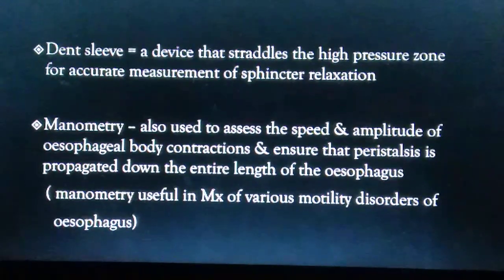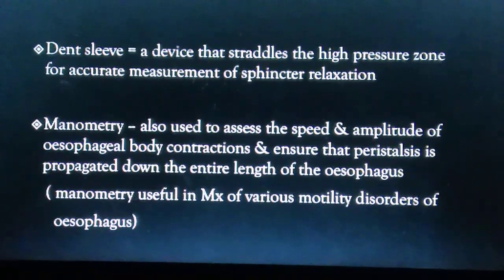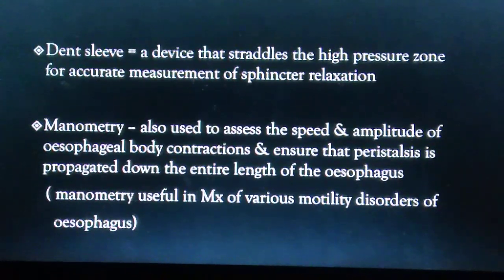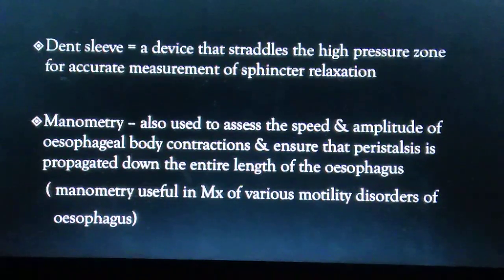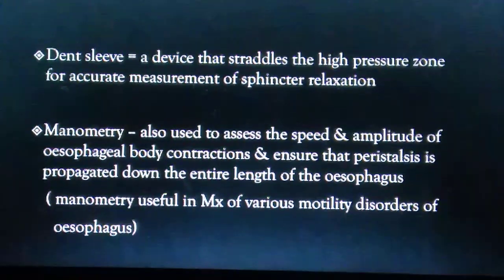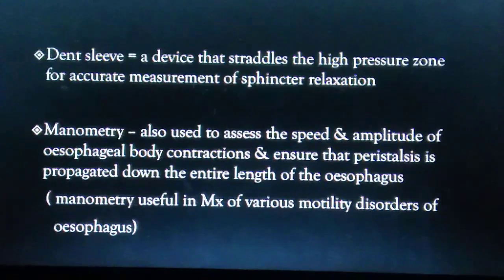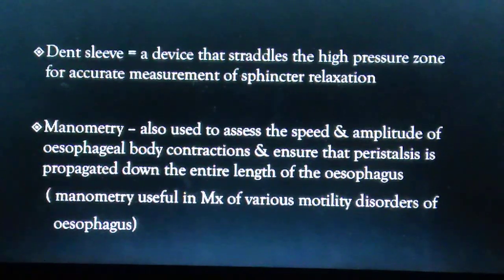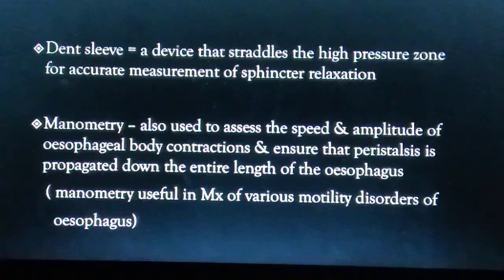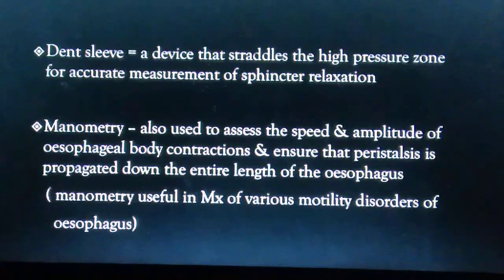There is a term known as dent sleeve. Basically, dent sleeve is a device that straddles the high pressure zone for accurate measurement of sphincter relaxation. Very important for diagnostic purposes of various motility disorders of the esophagus. Another term is manometry.